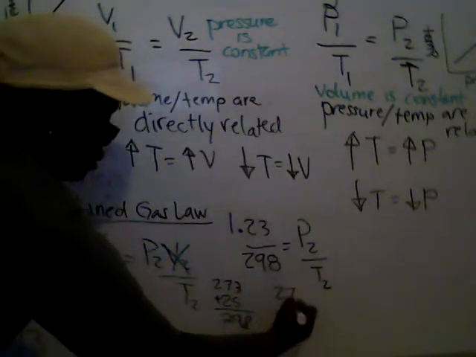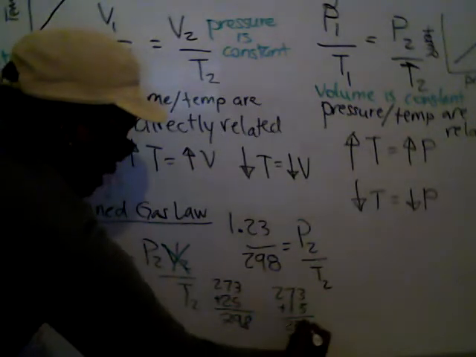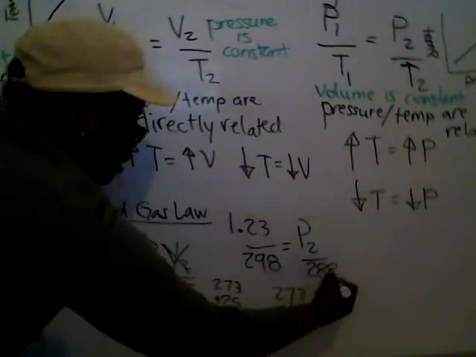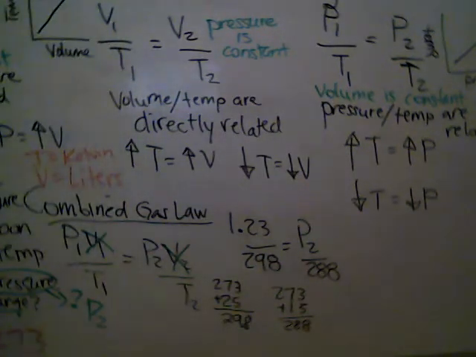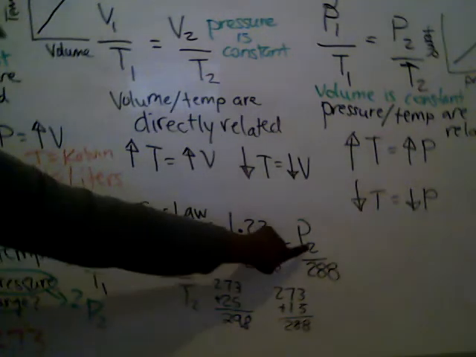So let's do the math here. 273, we're going to add 15. So that's 288. So instead of T2, I'm going to put in 288. One thing you notice, we have all our variables except for pressure. That's how all these gas problems will work. Out of the 4 things that you could substitute in for, you'll just be missing one of them.